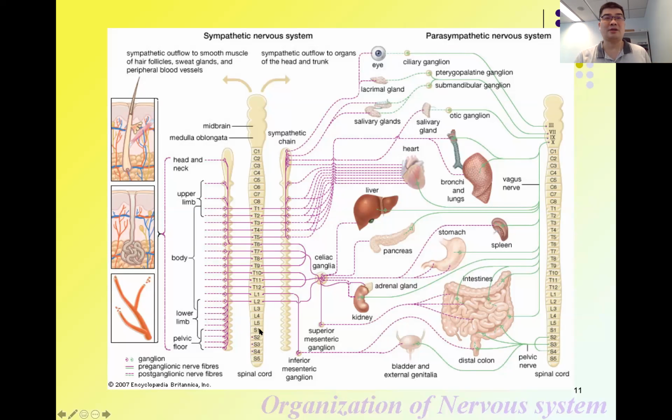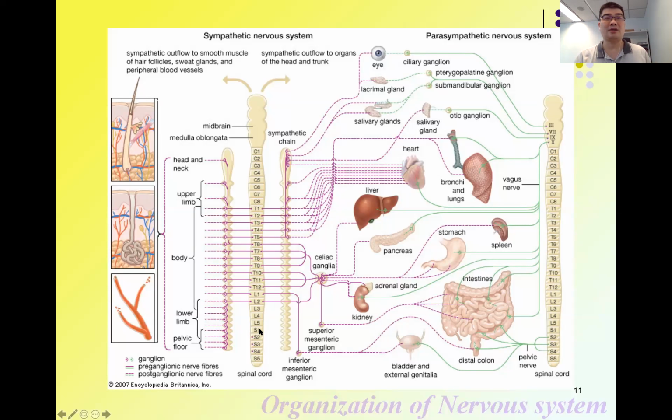So that's in the brain stem. They come out to control a lot of salivary glands and the eyes and so on. So for example, the ciliary ganglion controls your iris. We'll talk about those later when we talk about acetylcholine. So those are the brain stem.